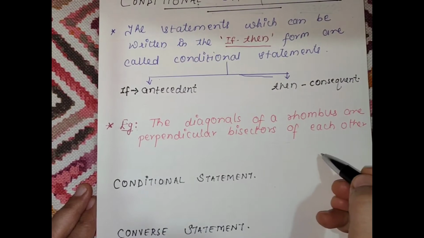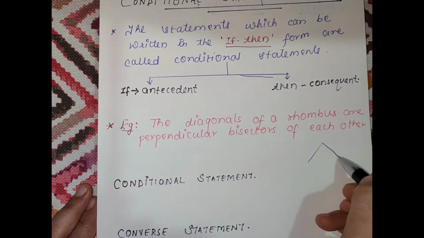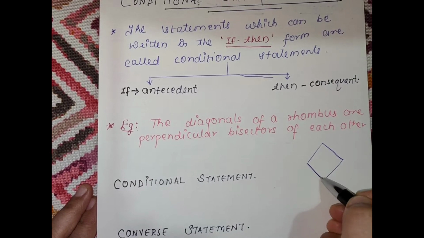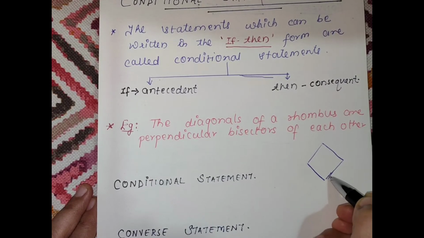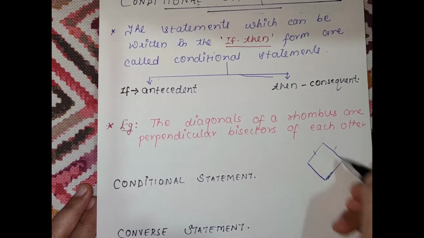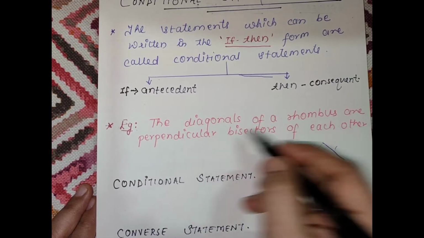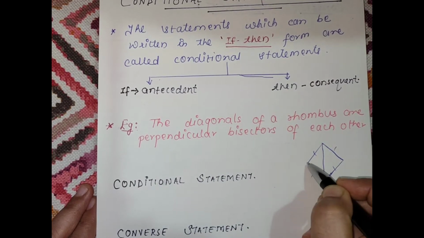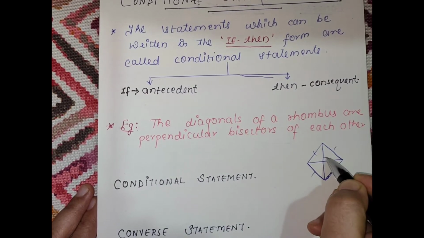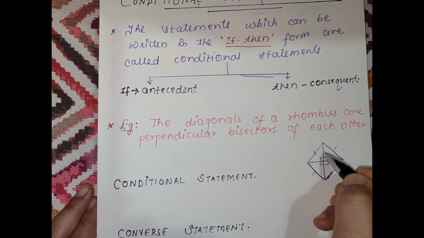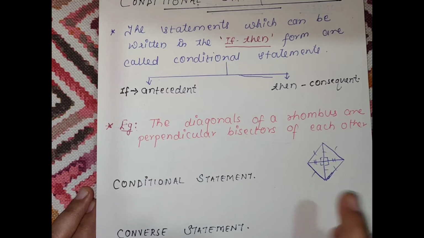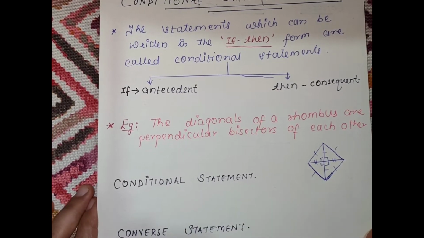Now see here, in a rhombus all the sides are equal, and according to this statement the diagonals are perpendicular bisectors of each other. So how will you write the conditional statement?